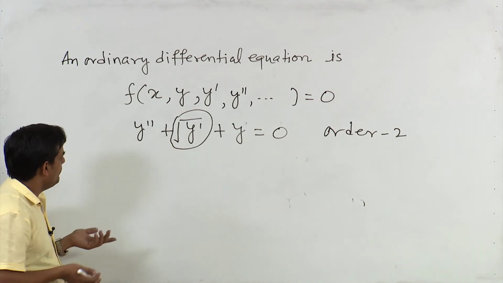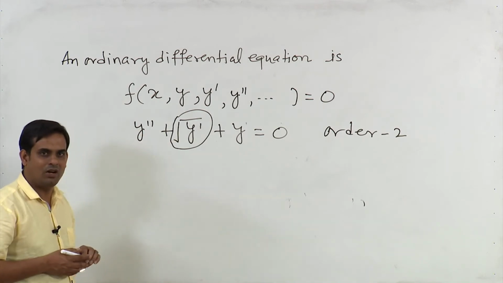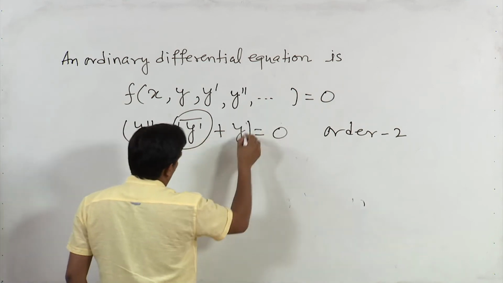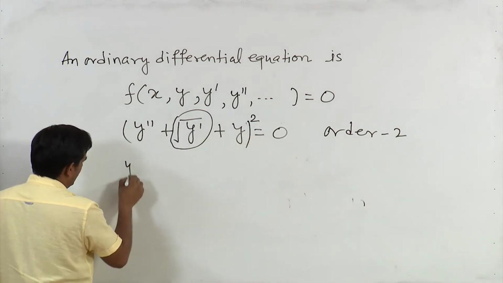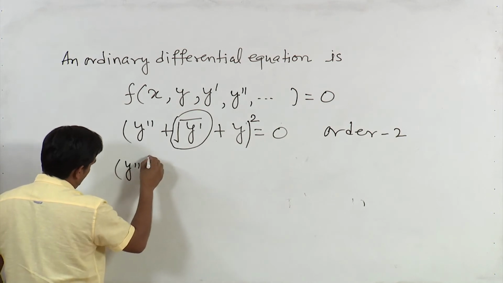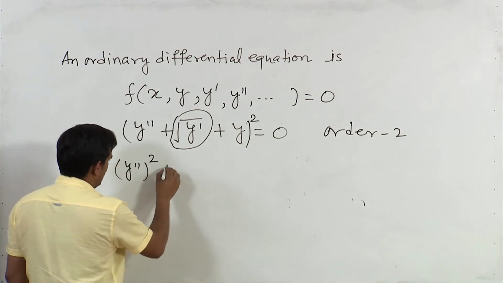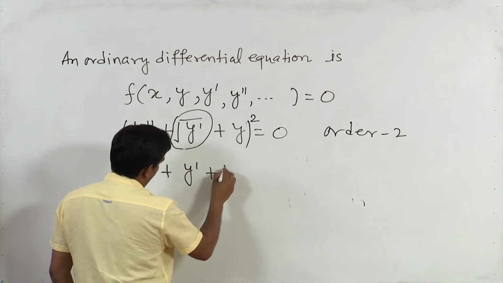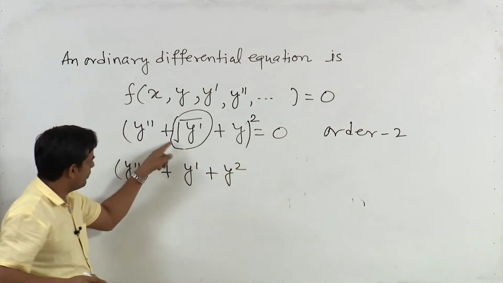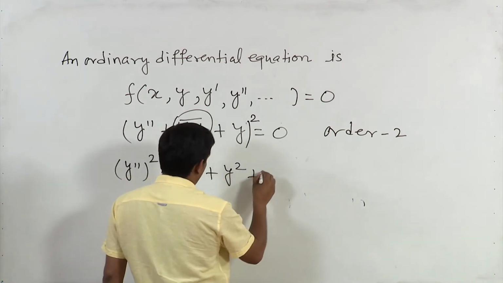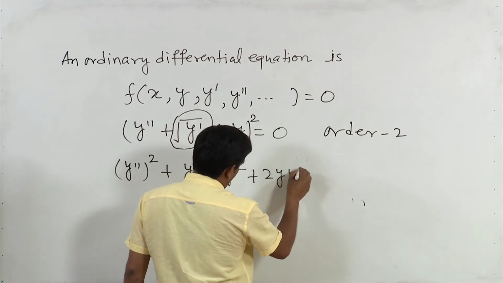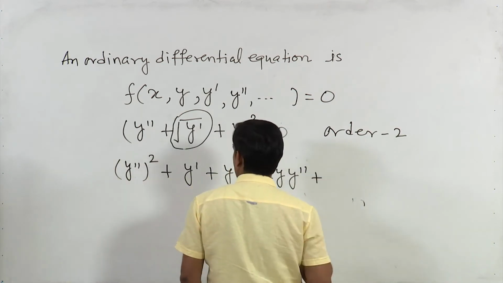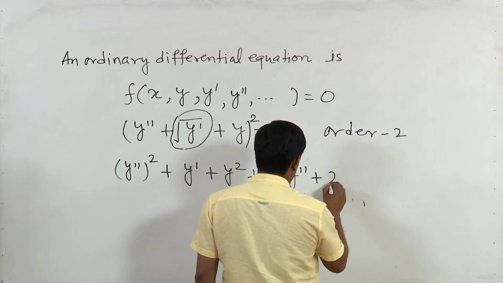So, how can we remove it? Let us take the square of the overall equation. So it will become the square of this equals 0. So this will become y double prime whole square plus y prime from this term plus y square, so the square of each term, plus 2y y double prime plus 2 and so on.